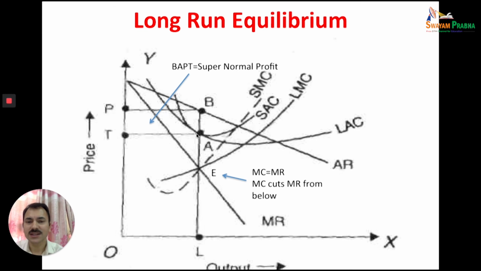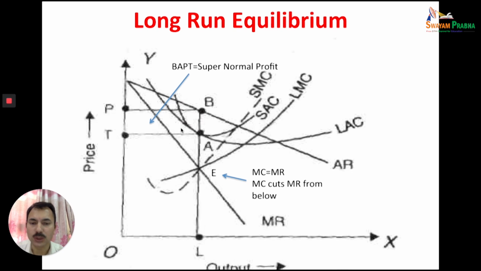And here the long run average cost curve and short run average cost curve are equal. But the firm is charging price OP, whereas the cost is only OT. OP minus OT, this whole area BAPT, is equal to the supernormal profit of the long run monopoly firm.